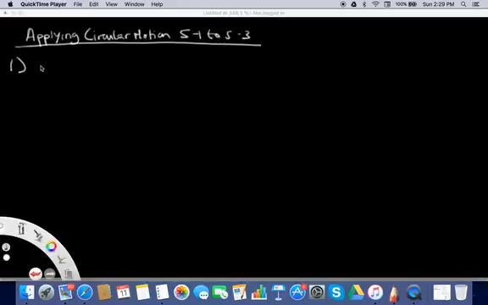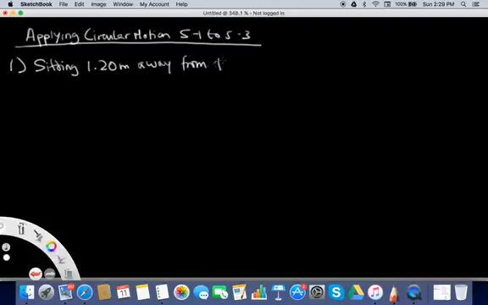So we have a child, and he is sitting 1.20 meters away from the center of a merry-go-round.